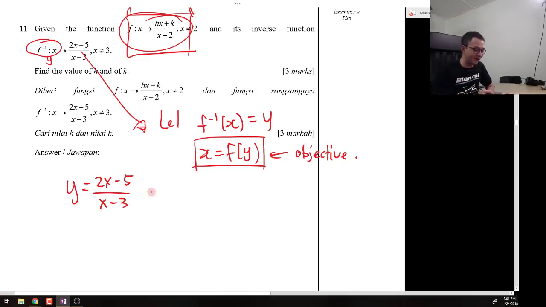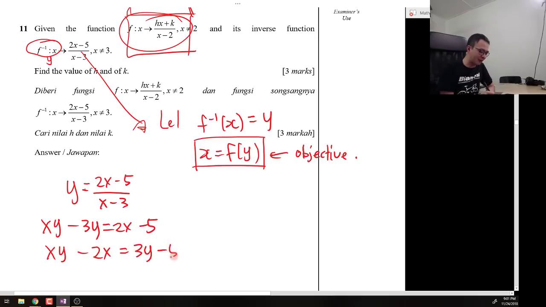And I say if you can make x the subject, you find the x in terms of y, you will find f(y). So I make x the subject. So xy minus 3y equals 2x minus 5. I cross multiply, alright? And then I group the x together, equals 3y minus 5.